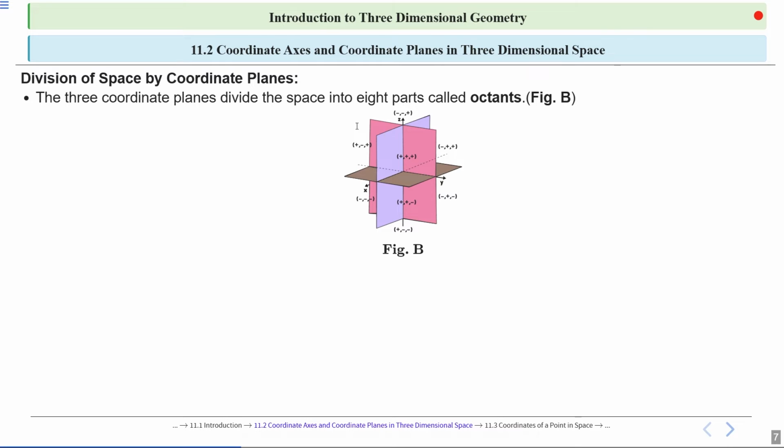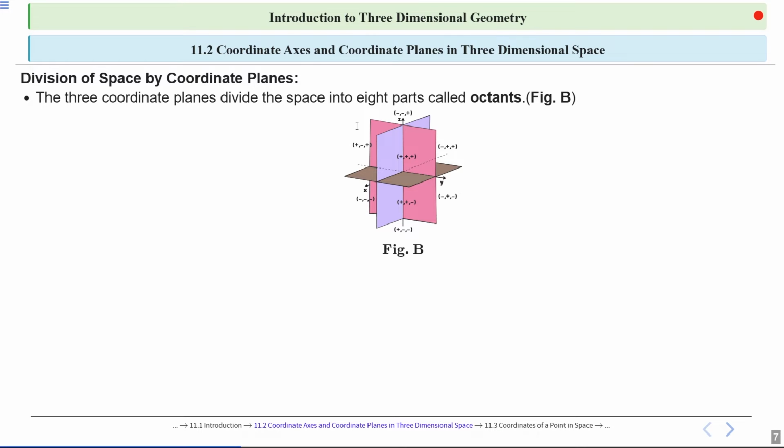So let's examine what happens when we introduce the three coordinate planes, the xy plane, the yz plane, and zx plane. These planes intersect and divide the entire space into 8 distinct regions, which we call octants.